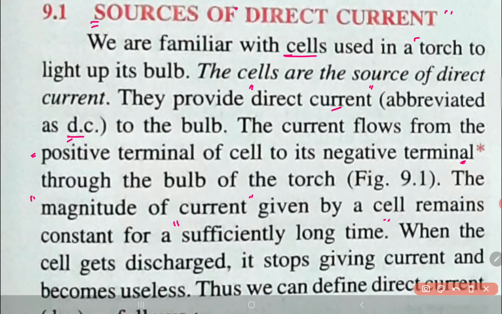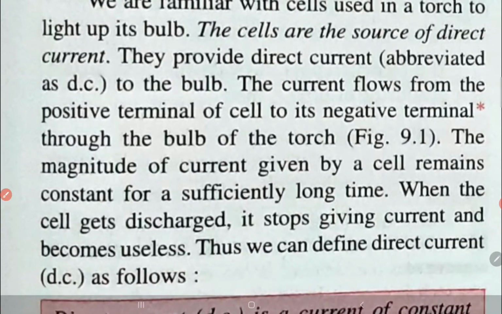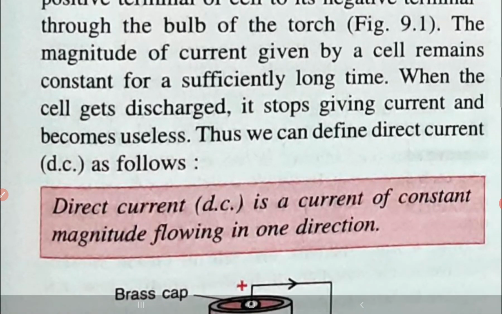Suppose it is giving us 4 ampere, so ideally it will give us 4 ampere until it is dead, right. When the cell gets discharged, it stops giving current and becomes useless. Thus we can define direct current, DC, as follows. Direct current is a current of constant magnitude, that means a flow of charges.